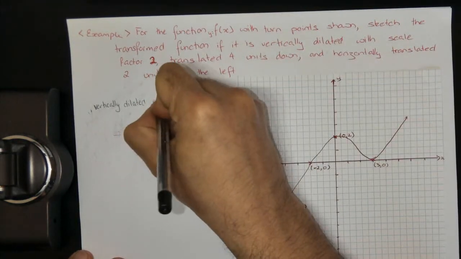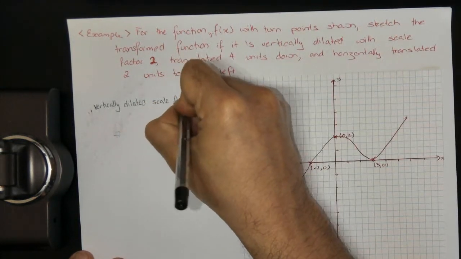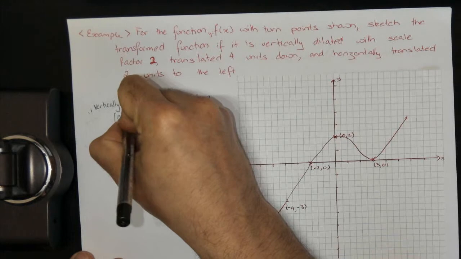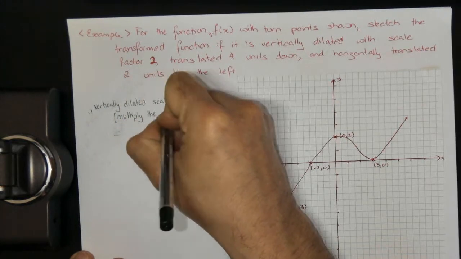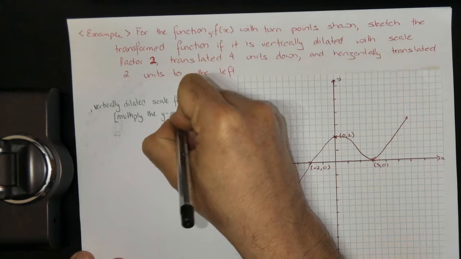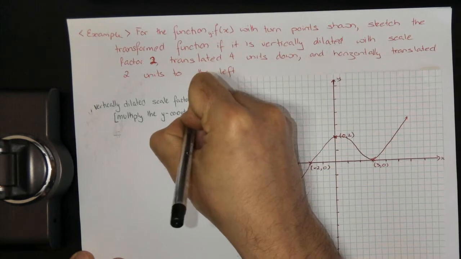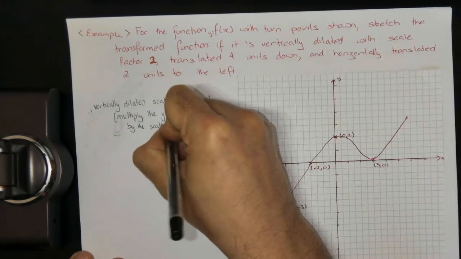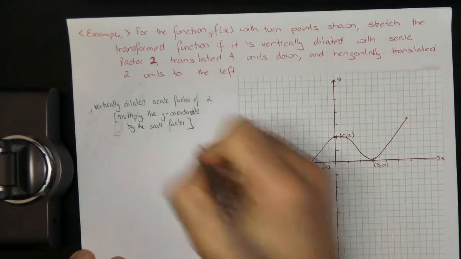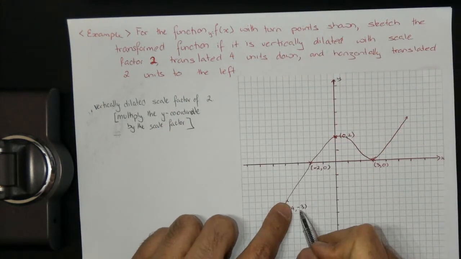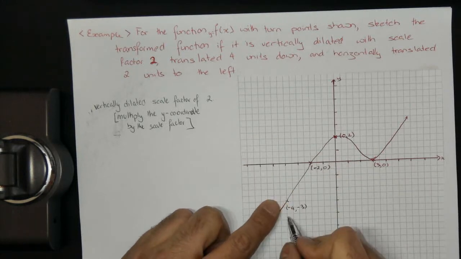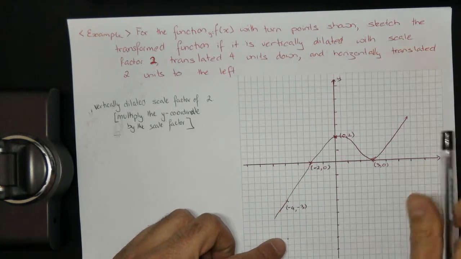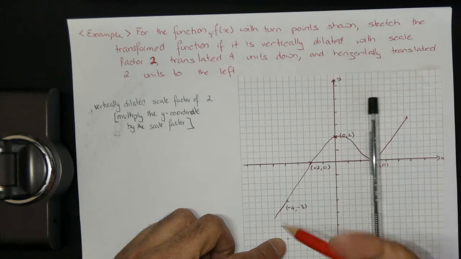Scale factor of 2. So what that means is we're going to multiply the y coordinate by the scale factor. Alright, so -3 times 2 gives us -6. Because there's a couple of things, I'm just going to probably do this in pencil.